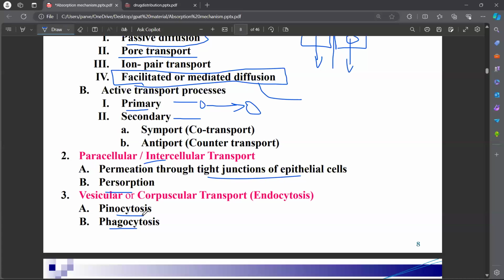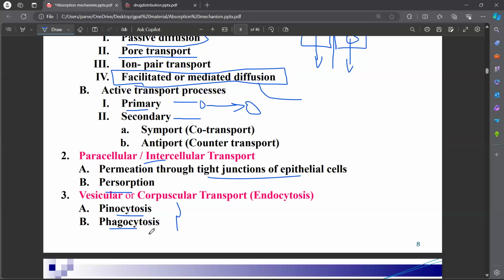So do you guys have any idea by which transportation the polio vaccine is transported? I think this is a question from GPAT 2019. By which mechanism is the Sabin oral polio vaccine, OPV, a live attenuated vaccine, transported?